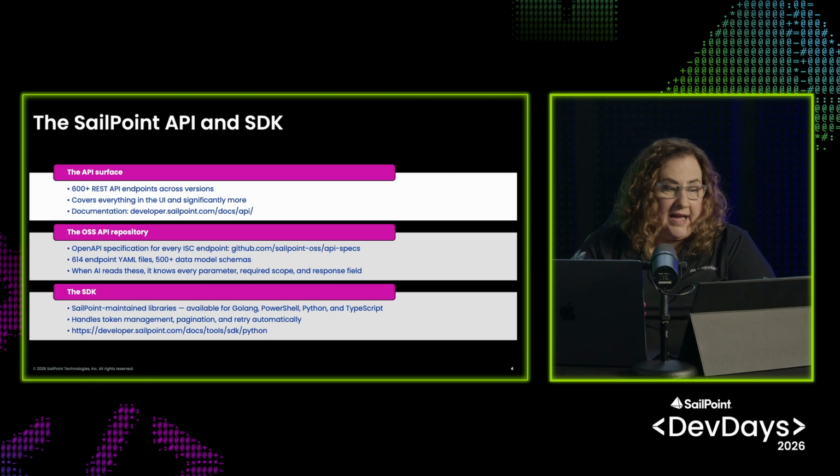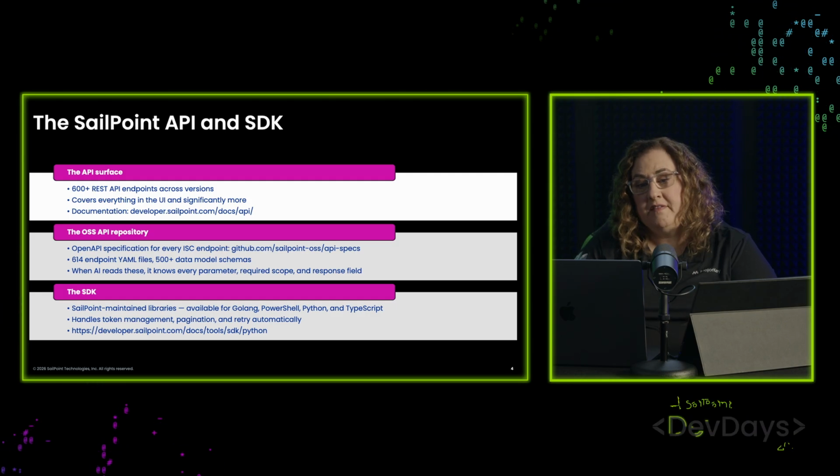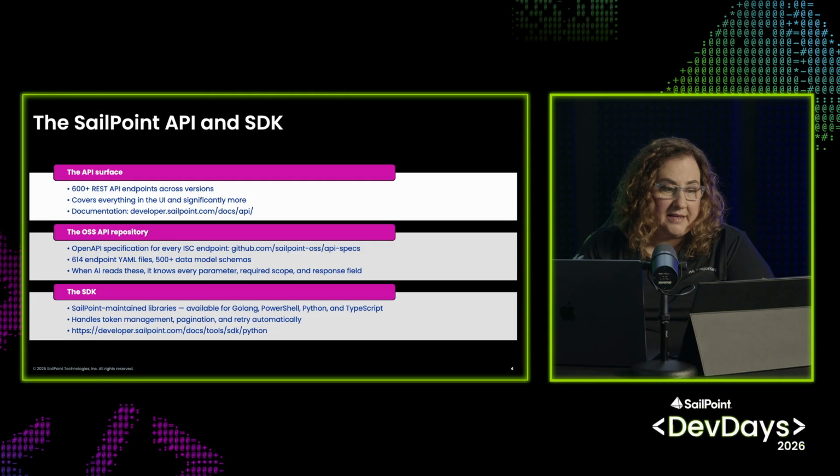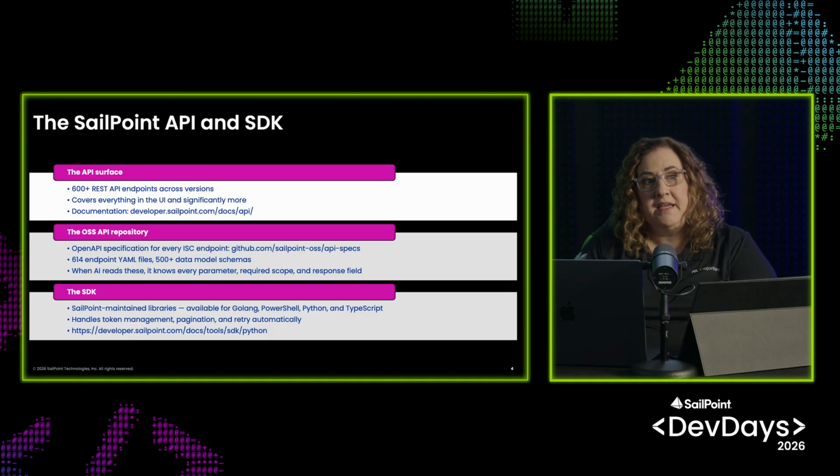So with AI, one of the things that's really cool is SailPoint also makes an open source repository available. One of the things in that repository is all of the API specs. So we can use that OSS API repository to give AI something in a format that is much easier for it to understand.